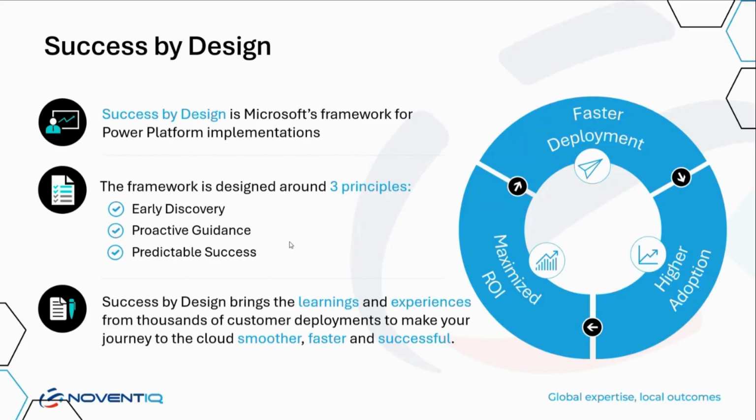So you can create solutions for your organizations in a much faster way, where they get adopted at a much higher level. And the ROI that you invest into this product, because it's a licensing based, consumption based kind of model, the ROI that you get out of it is also good, because of the way you are enabling your organizations with agentic AI using something that is low code.